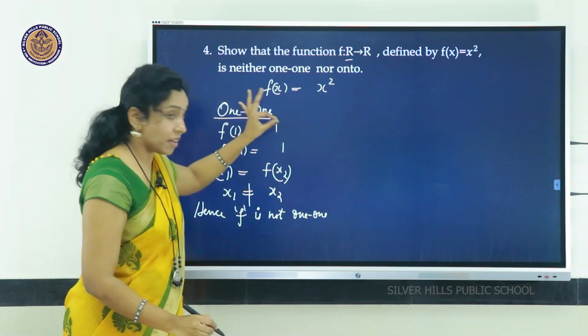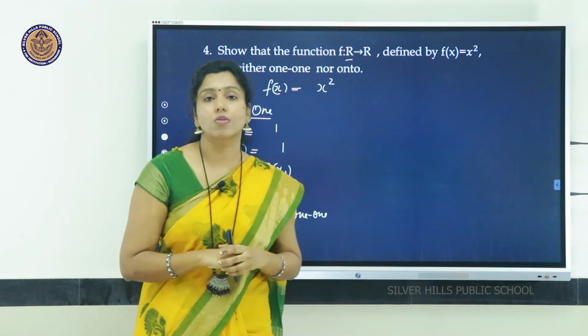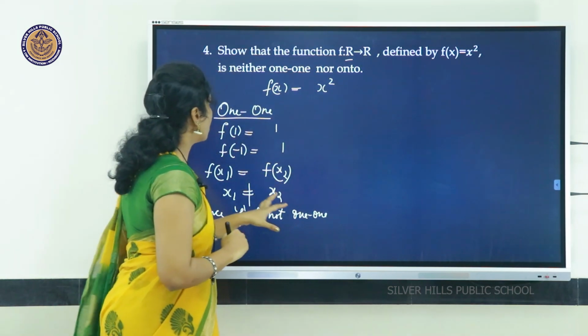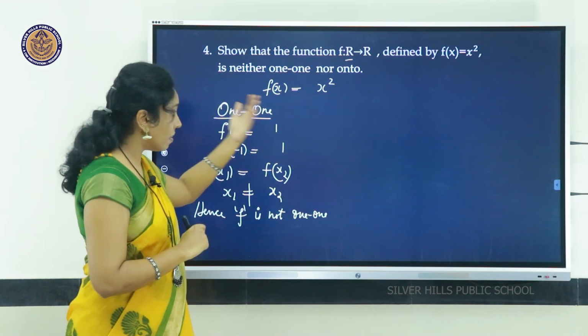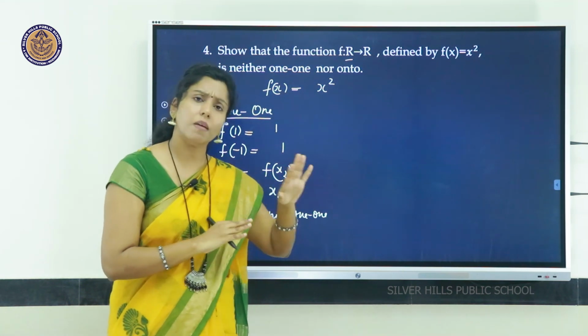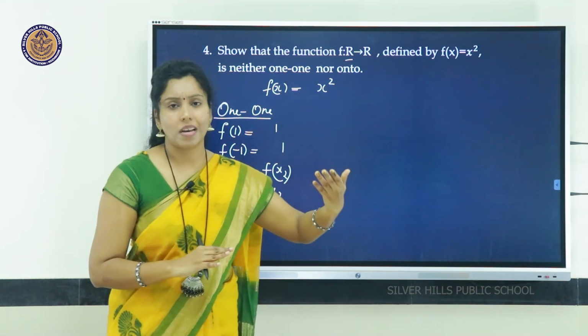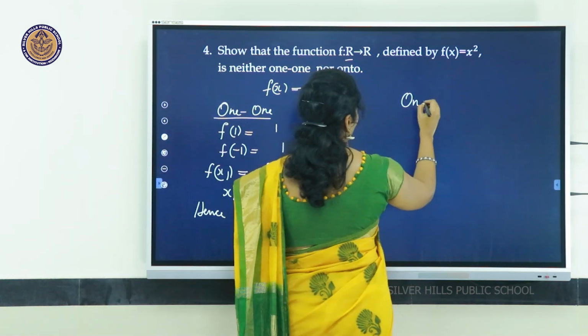It is many to 1, 1 goes to 1, minus 1 also goes to 1. So, we proved it is not 1-1. Now, let us take the next part, that is we are going to prove it is not onto. The same method, we will take one example and then we will prove it is not onto. So, coming to onto.